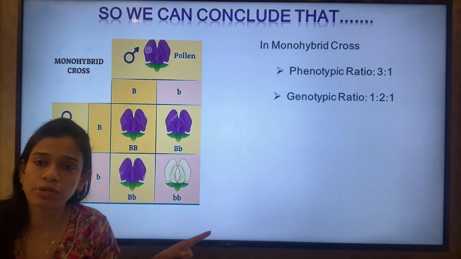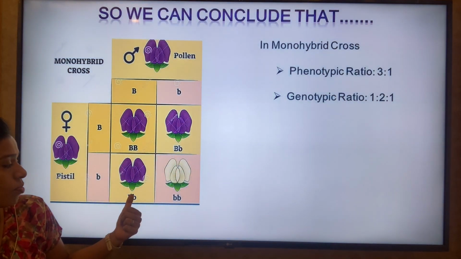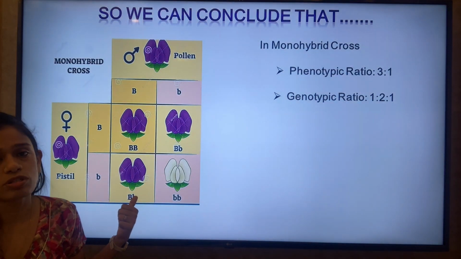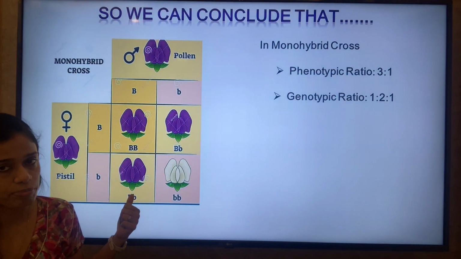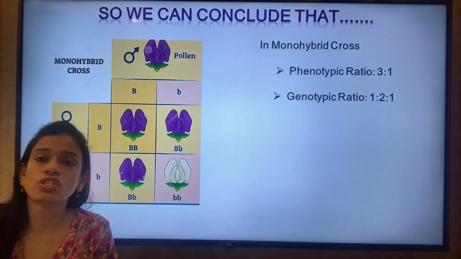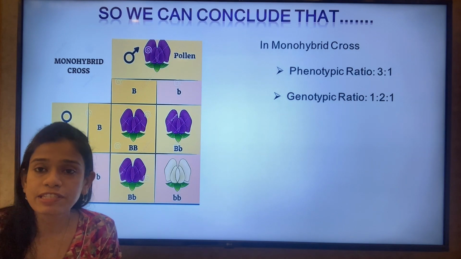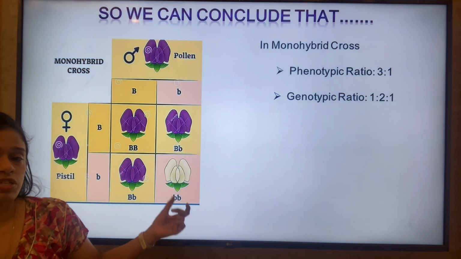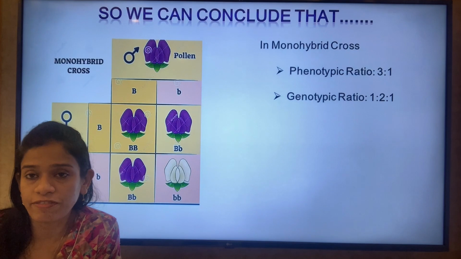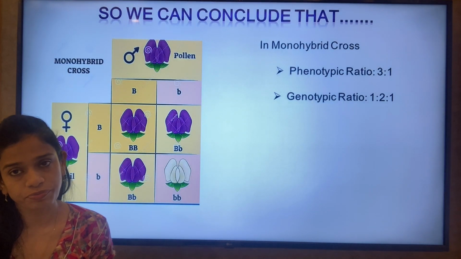Because of the presence of the dominant gene, it is also purple or violet in color. Here also it is the same thing, because of the presence of the dominant gene, it is purple in color. And here, because both the allelic pair is small b, that is the recessive one, it expresses itself as a white flower. So the phenotype getting expressed was white flower.